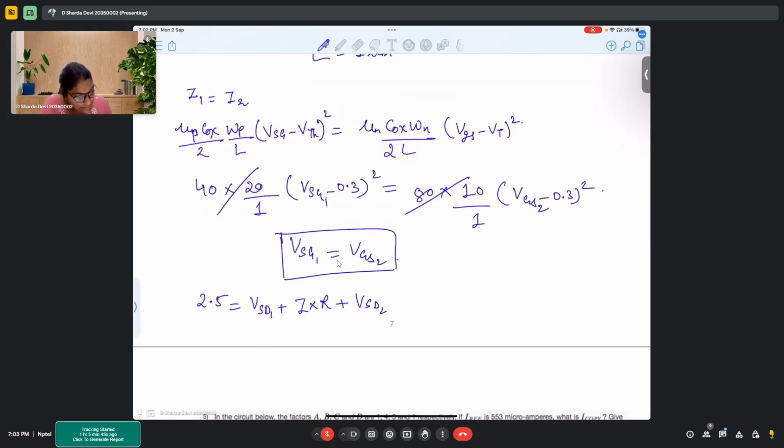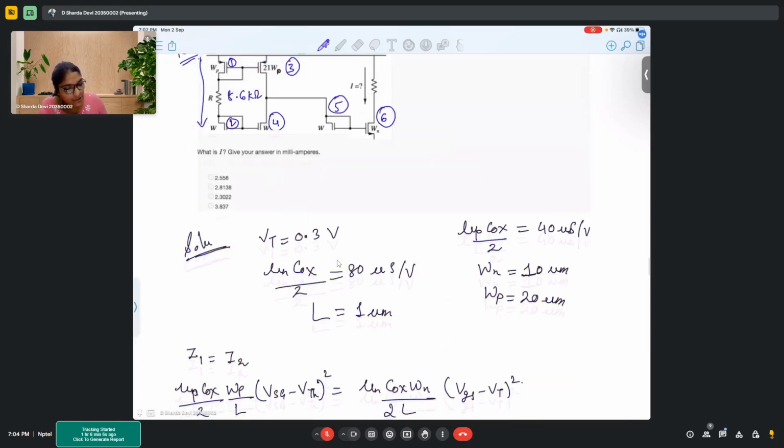VSD can be written as VGS, since there is a mirroring effect.